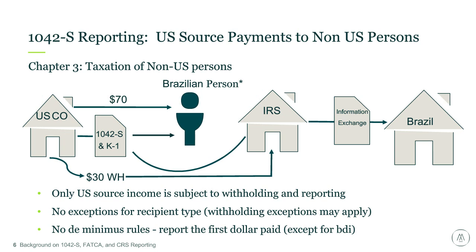You're not done there. When March rolls around, or April if you extend, that's when you're issuing that 1042-S. And in the fund world, you're not only issuing 1042-S's, but you're also issuing K-1s. It can sometimes get confusing because 1042-S reporting is pretty narrow.